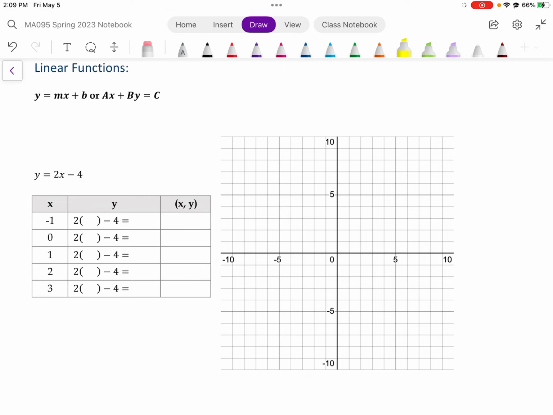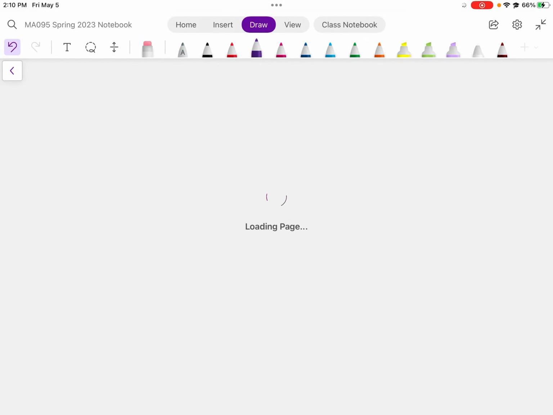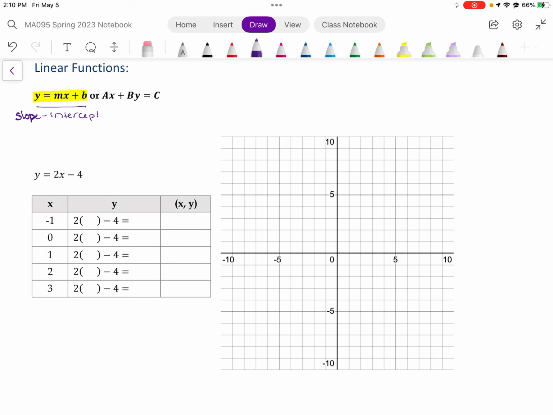It is the simplest. There are 2 different forms we're going to look at, and that is this form, which is called slope-intercept form. Why is it called slope-intercept form? Because this is the slope and this is the intercept.